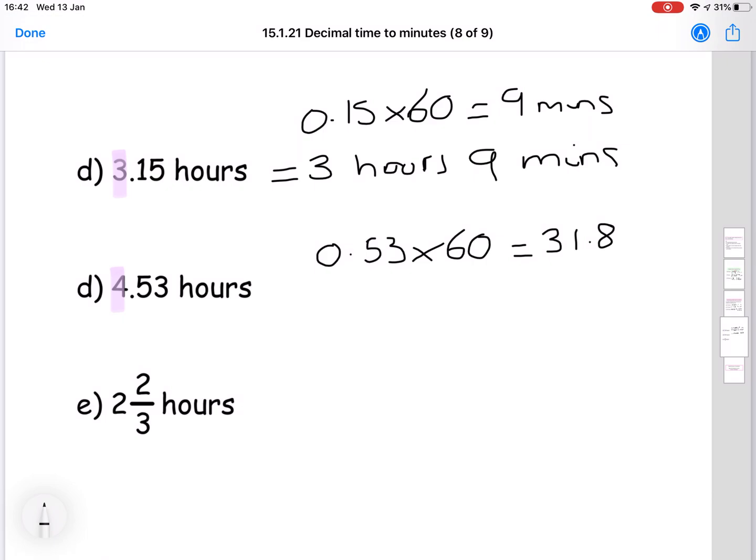Here we would probably round this to 32 minutes. We wouldn't normally use a point something of a minute. So as a total, we have here 4 hours and 32 minutes.